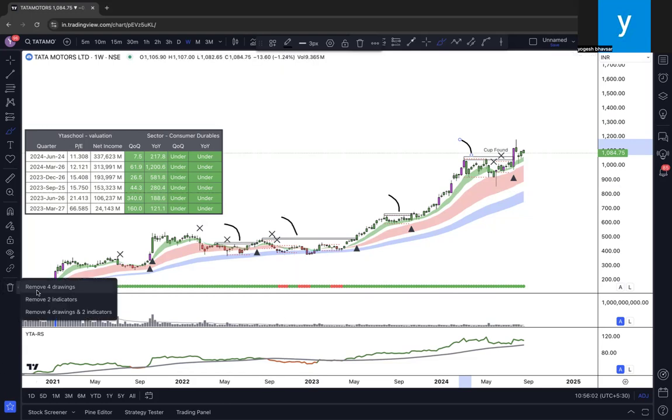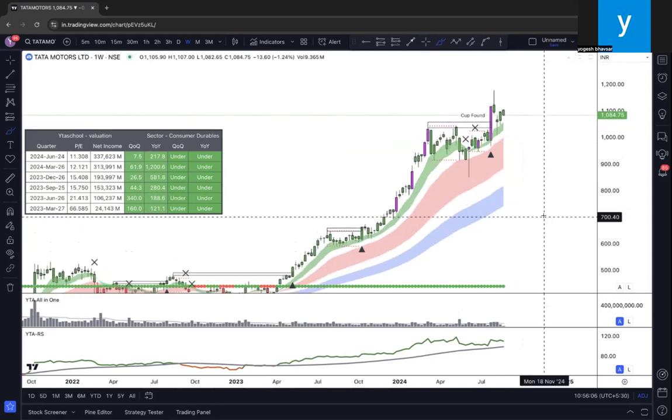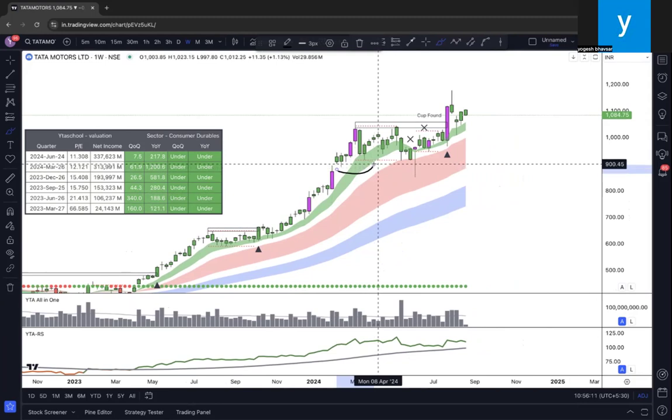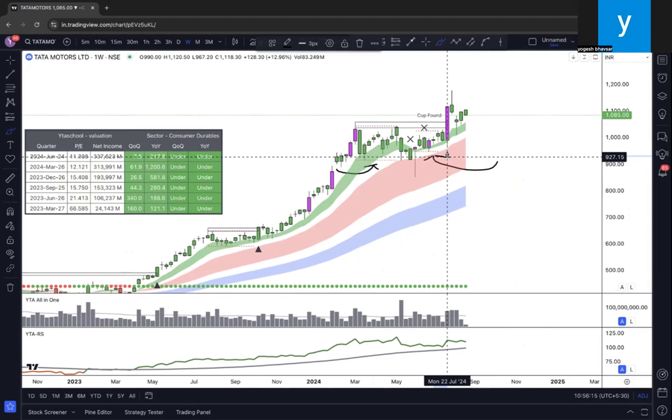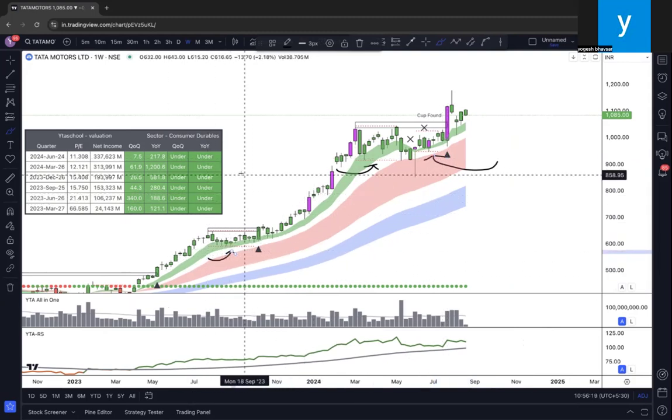Now, let us go to one more point. Now, if you all can see these red dots. Can you see these red dots? Now these are again system generated.